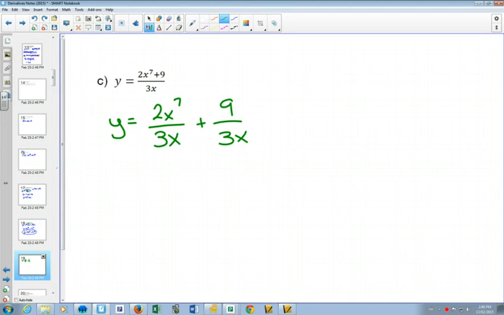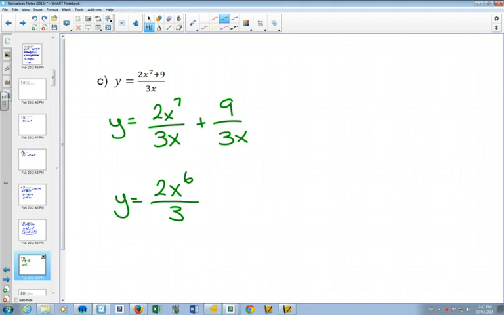Now, they don't teach a lot of unadding fractions in high school, because most of the time they're just worried about you adding fractions, and that's hard enough as it is. So here, though, by unadding them, well, in the first expression, I could actually simplify this to get 2x to the 6 over 3.